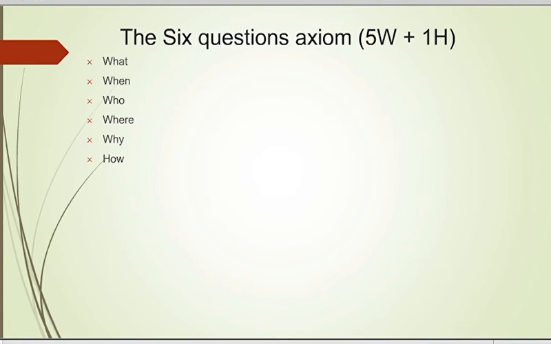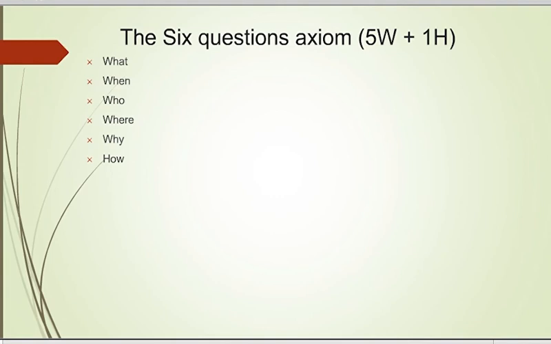There are 6 questions that we need to ask ourselves when creating a research topic or title. If your title is answering most of these questions, your title is more narrowed down, more specific.